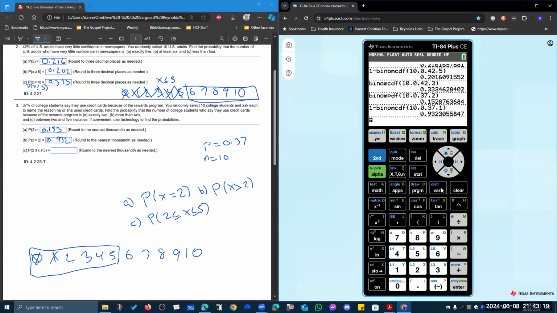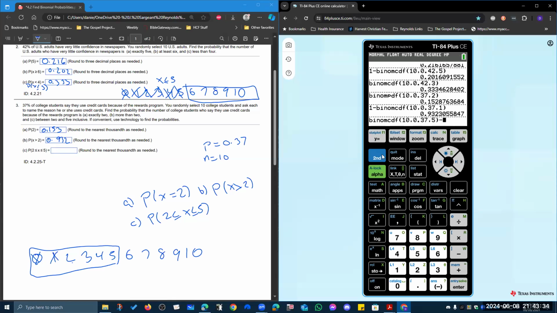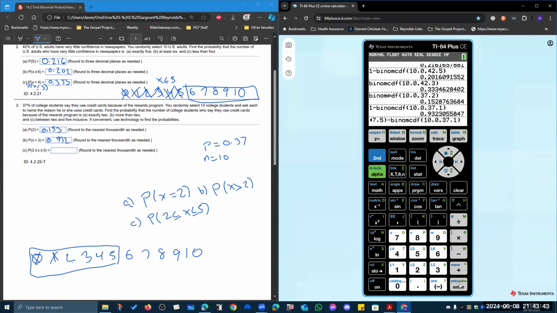So second distribution, binomial CDF. And just make this one 5 minus second distribution, binomial CDF, and then make that one 1. To find the difference there is 0.812.